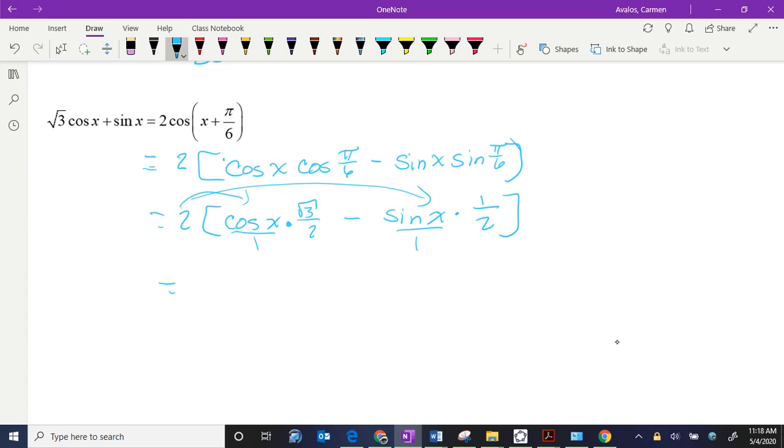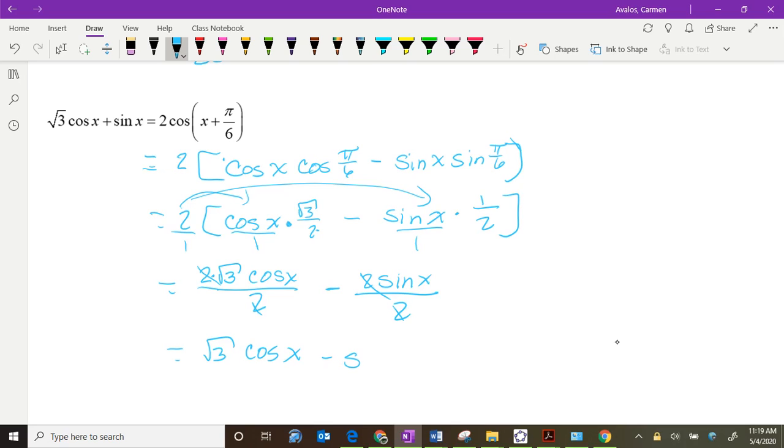So what you actually get is the square root of 3 cosine of x over 2, because numerator to numerator, denominator to denominator, and then you distribute that, so you get a 2 there. And same thing here, you get minus sine of x over 2, and then you distribute that 2 because this is over 1, so it's numerator to numerator, and so these are going to cancel, and you're left with the square root of 3 cosine of x minus sine of x.